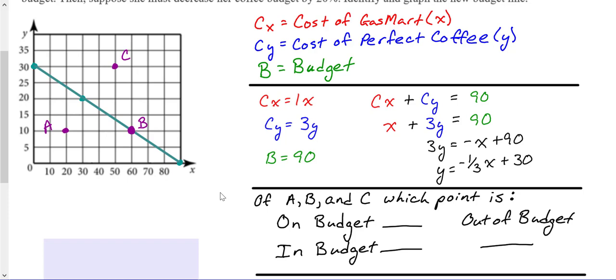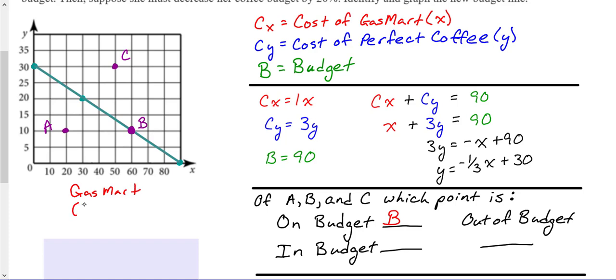So for it to be on budget, our point has to be on the line. And if you look at A, B, and C, you can see that the letter B is on the line.